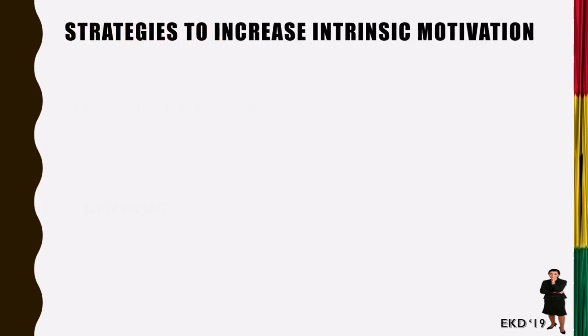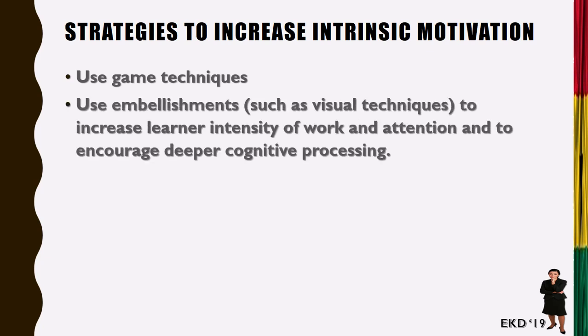Intrinsic is internal. So we need to know how to increase intrinsic motivation. One is to use games. Two, use embellishment. By embellishment, we mean that you must add some visual effect.